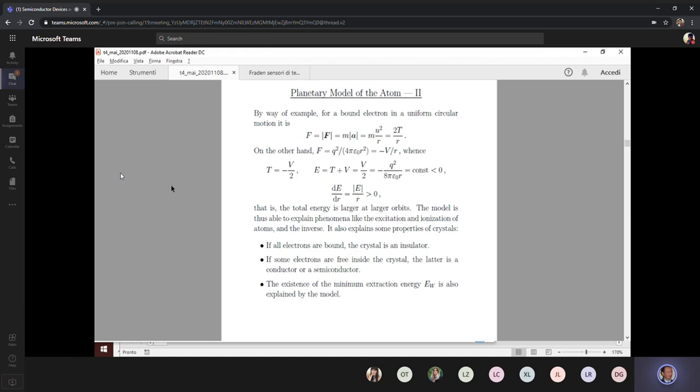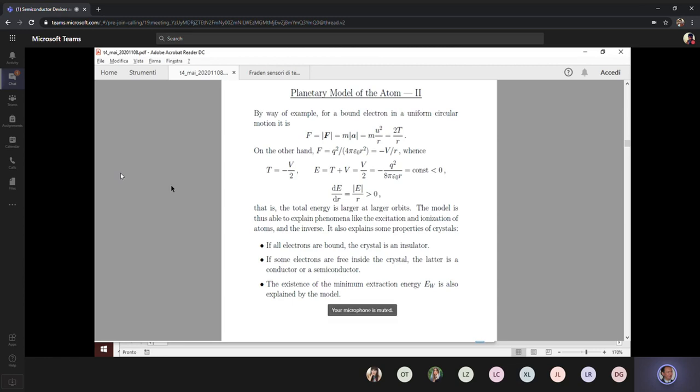Or the inverse. If there is an ion and then there is an electron roaming around in space and they come closer, then the ion may capture the electron and constitute again a neutral atom, okay? So this is the inverse process of ionization.